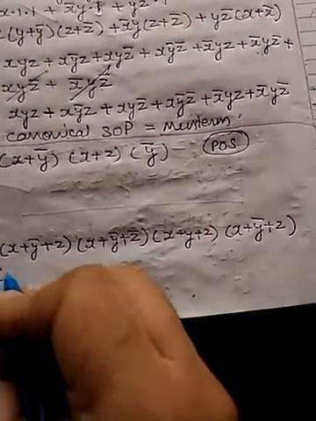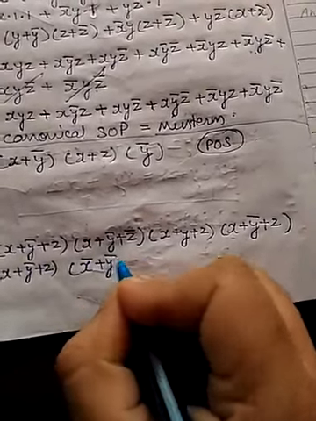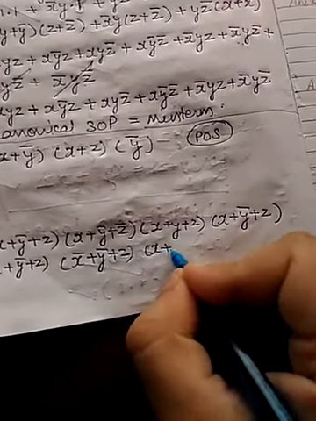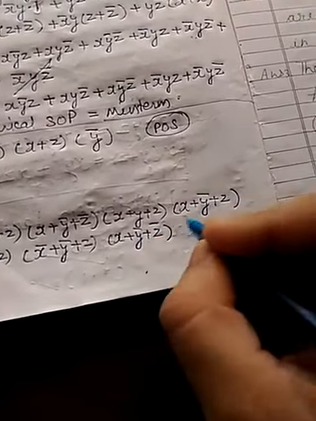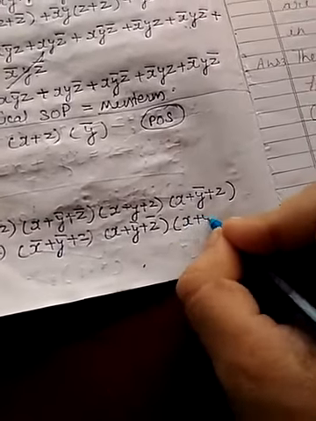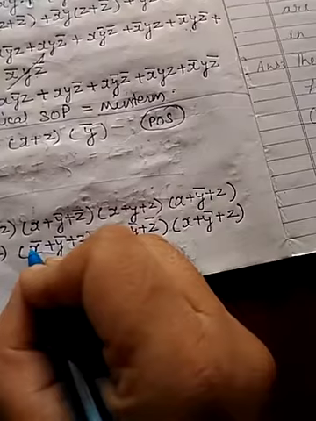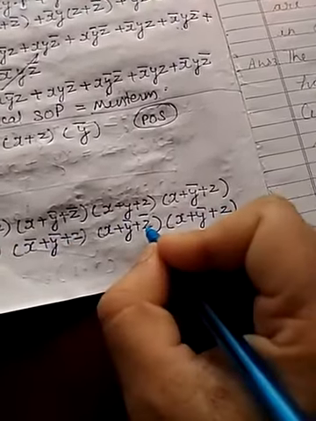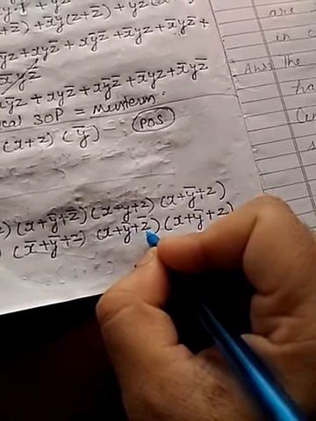The combinations will be x plus y naught plus z, second will be x naught plus y naught plus z, third will be x plus y naught plus z naught, and another could be x naught plus y naught plus z naught. Meaning one is x, x naught, another is z and z naught. So these are the four possible combinations.